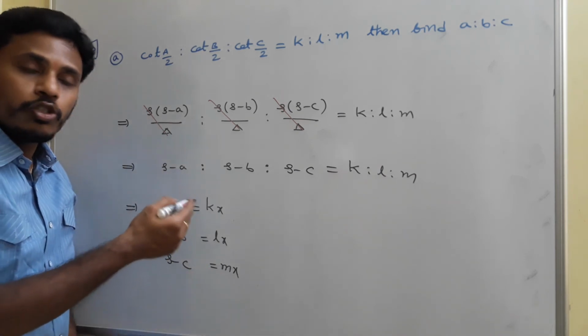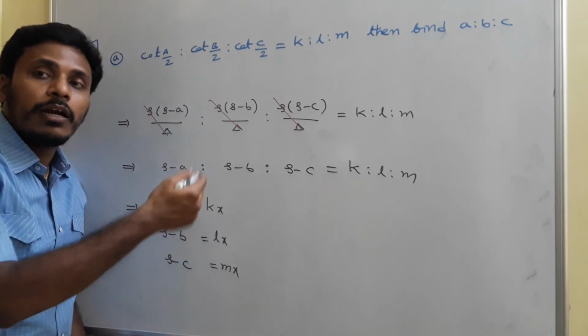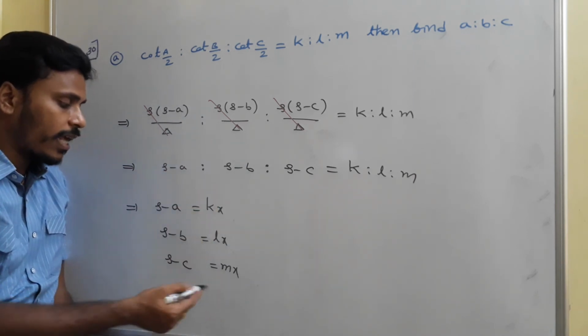If you have the ratio between these three, then these three may be some multiples of K, L, M. So Kx, Lx, Mx.